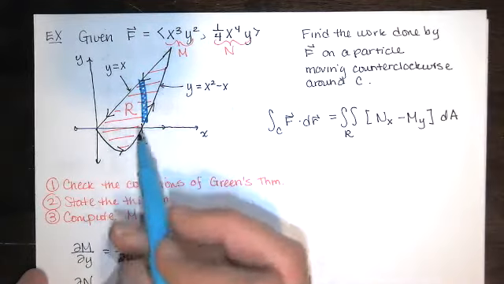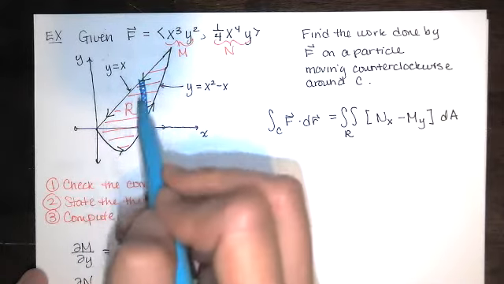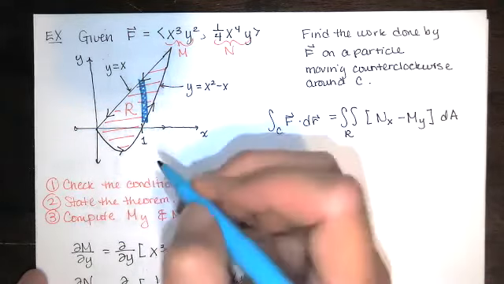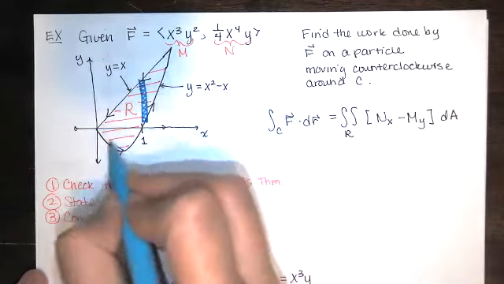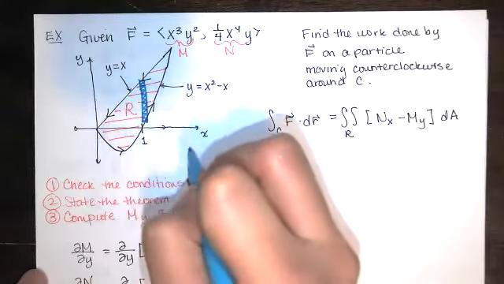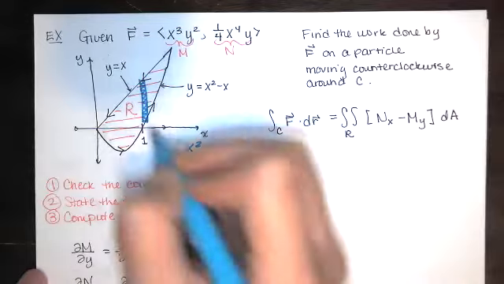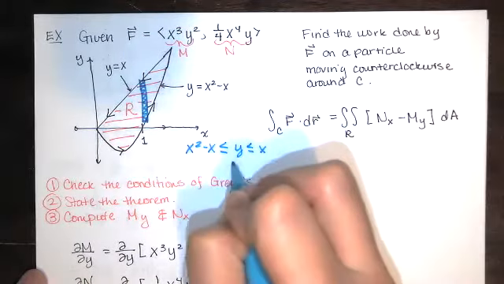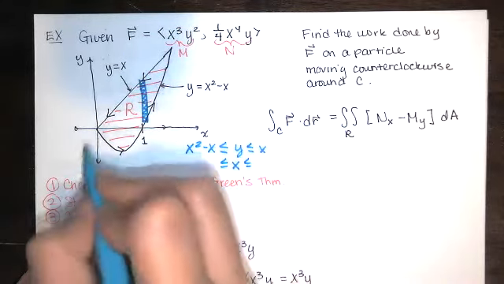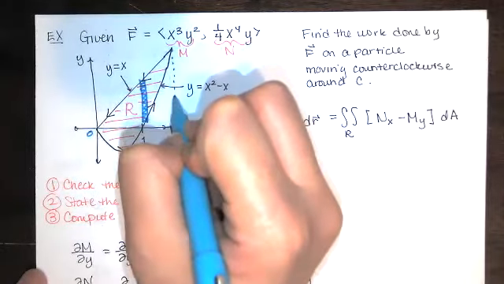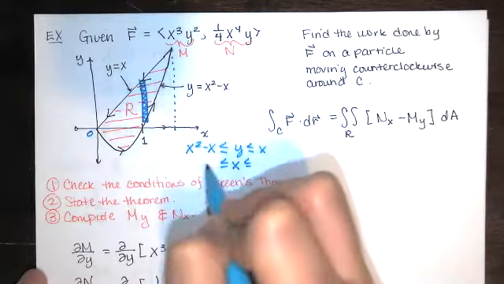It makes sense to let y go from a function to a function and let x go from a constant to a constant. So y starts at this bottom function and goes to that top function. And then x goes from a constant to a constant. It goes from 0 to whatever that value is over there.